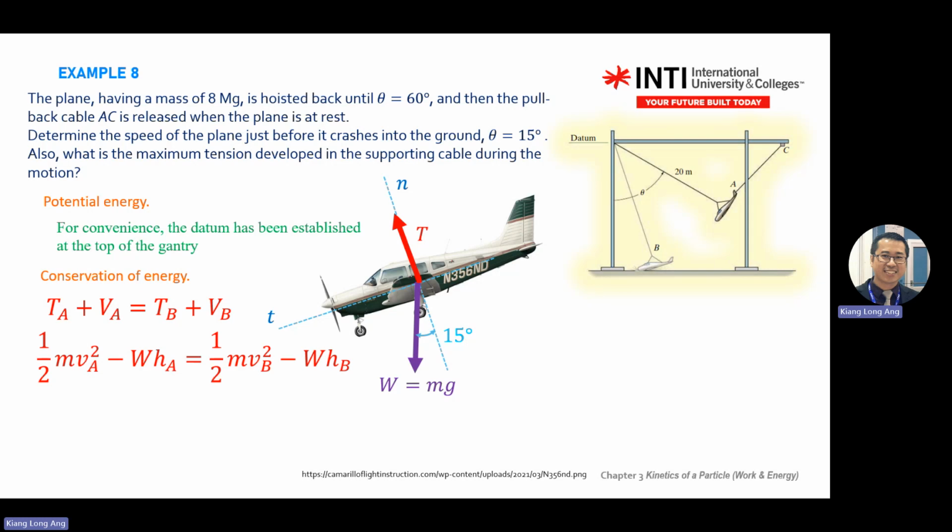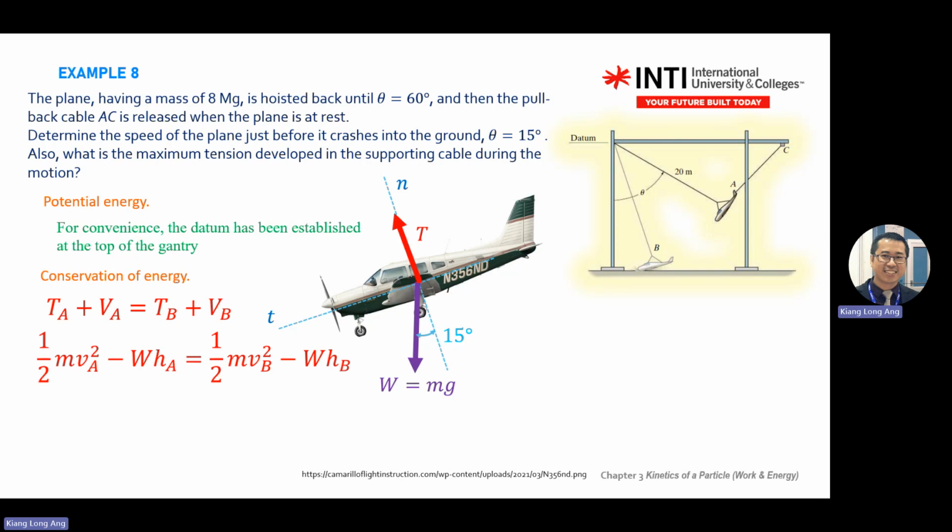If you write half mv1 square, although I know that you mean the first position, in the diagram given in the question there's no number 1 there. So I'll be very particular about your writing. Please write notation carefully when you read the question. Don't write 1 or 2 unless the question writes 1, 2.